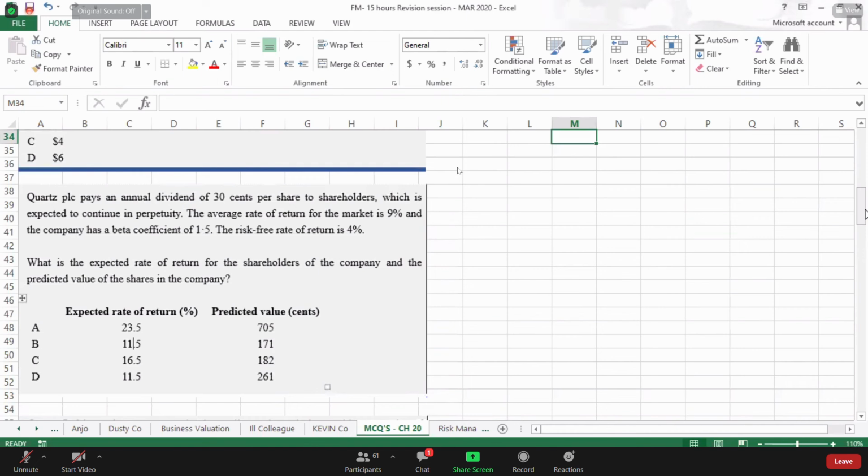Squabs PLC pays an annual dividend of 30 cents per share to shareholders, which is expected to continue in perpetuity. The average rate of return in the market is 9% and the company beta is given, RF is given. What is the expected rate of return to shareholders of the company and the predicted value of shares in the company? Okay, this is simple. Solve.